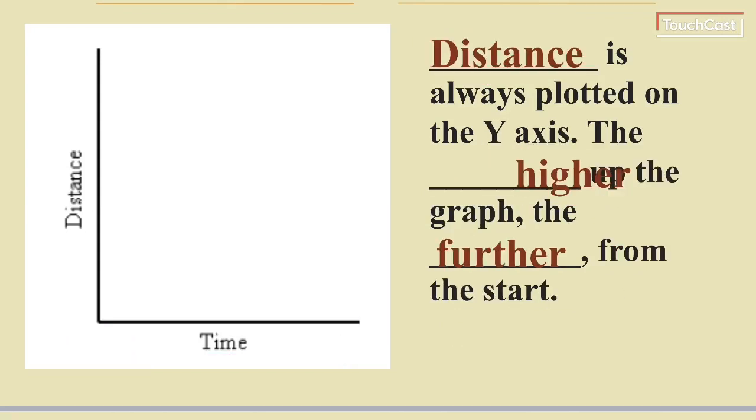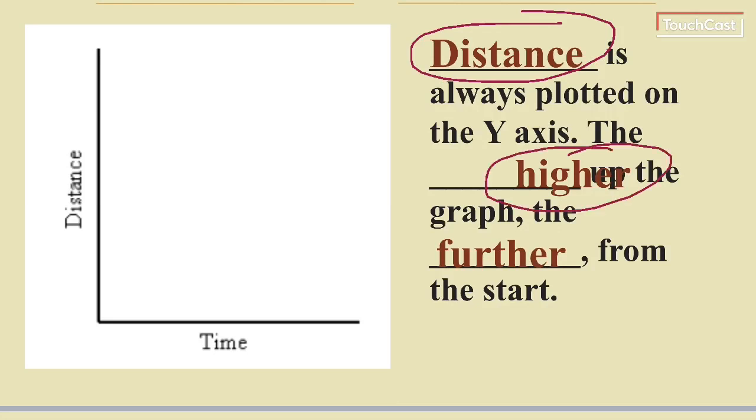Your last box on the front is going to state that distance is always plotted on the y-axis. The higher the graph, the further from start. So again, here is home, and on my x-axis I've got 0 to 60. These are just imaginary numbers.